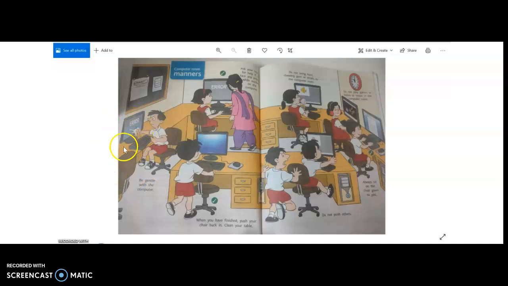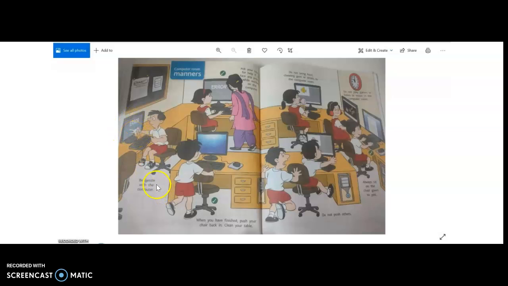So, here this is the desktop. You should use your keyboard, your monitor, the CPU, and mouse in a very gentle, smooth way. You should not be rough. You should not press the keys of the keyboard very roughly, and you should not damage or handle the monitor in a very bad way.